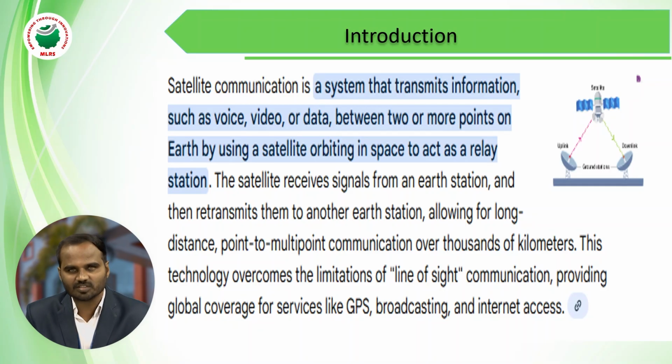First of all, communication is nothing but the transferring of data or information exchange. In satellite communication, the data is the signal, and the signal moves from Earth to the satellite and from the satellite to the ground station.